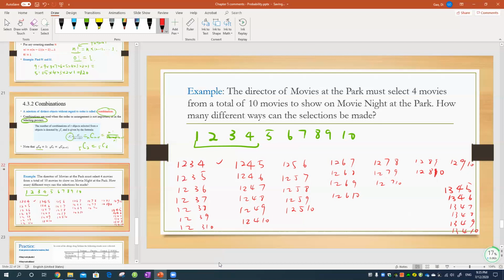Then we're going to have 1, 3, 5, 6 up to 1, 3, 5, 10. Then 1, 3, 6, 7 up to 1, 3, 6, 10, so 1, 3, 6, 8; 1, 3, 6, 9; 1, 3, 6, 10.